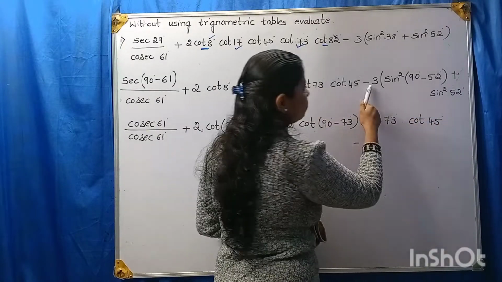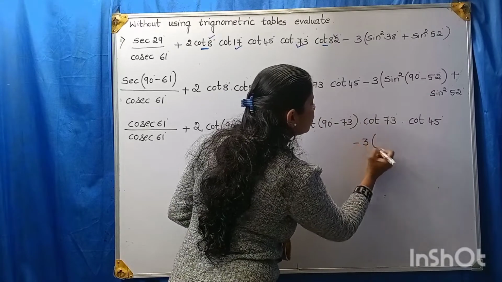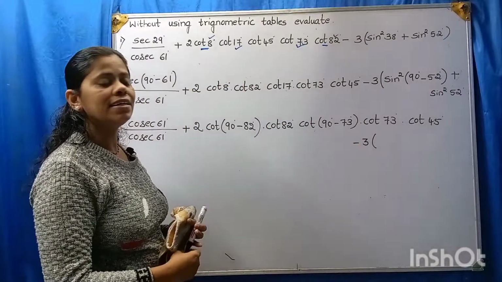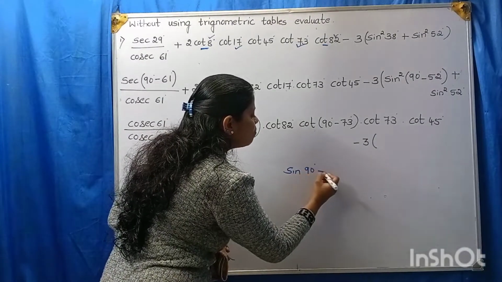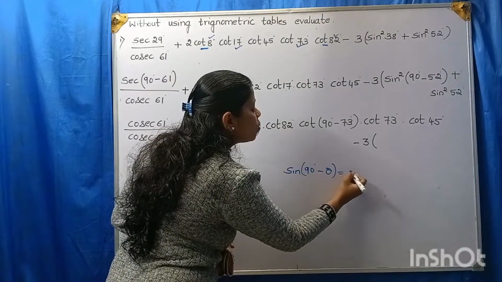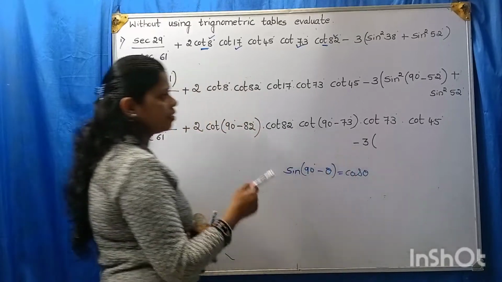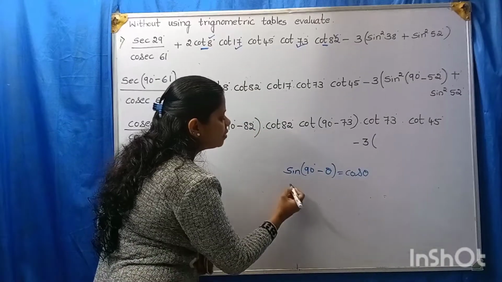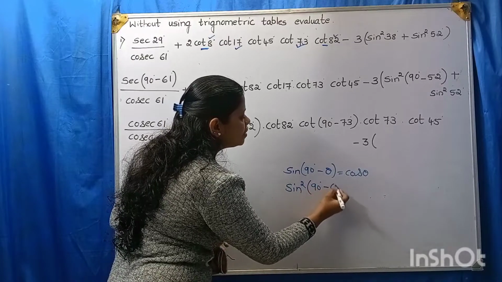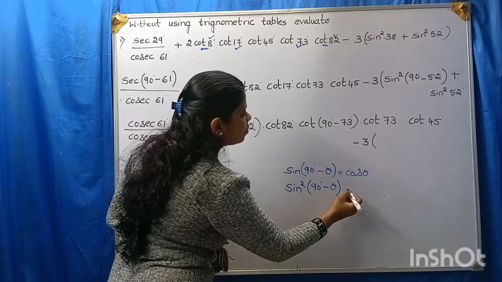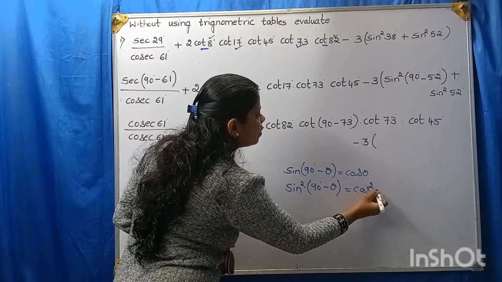Minus 3. We know that sin 90 degree minus theta is cos theta. In the same way, sin square 90 degree minus theta is cos square theta.